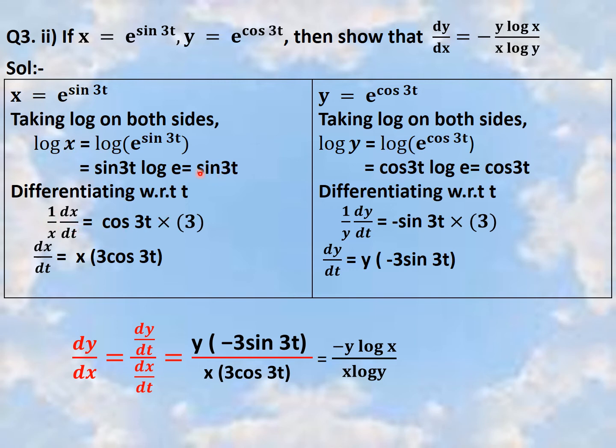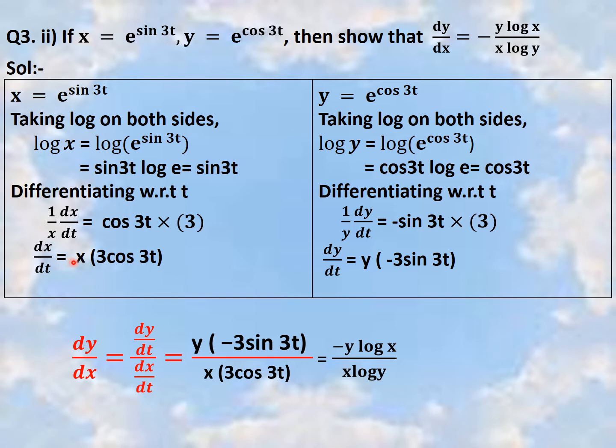And sin 3t is a composite function because sin t is a normal function, but sin 3t is a composite function. So first we will differentiate it with the 3t, that is cos 3t, but again the derivative of 3t we have to multiply. So the derivative of 3t is 3. So dx by dt, take this 1 upon x to the RHS, then it will be into x. So x into 3 cos 3t.